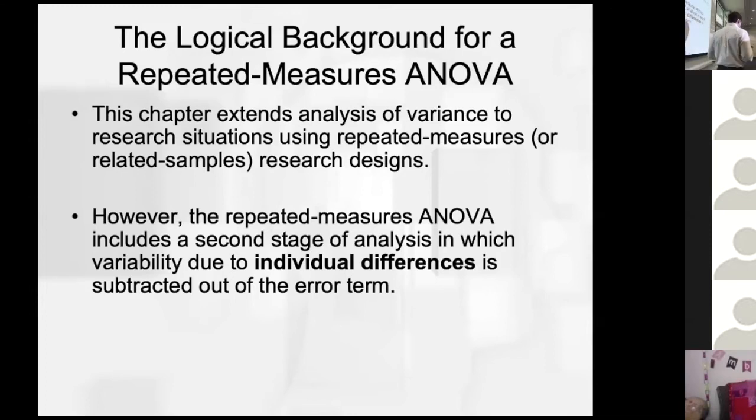That's the whole idea behind this repeated measures test. We're going to do a second stage to remove those individual differences, which allows us to say with better certainty that a difference between groups is likely due to the treatment effect and not just individual differences.